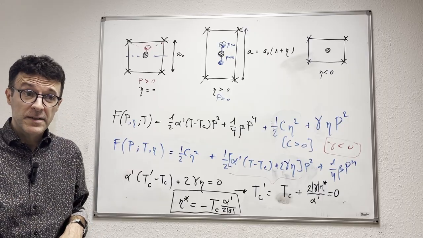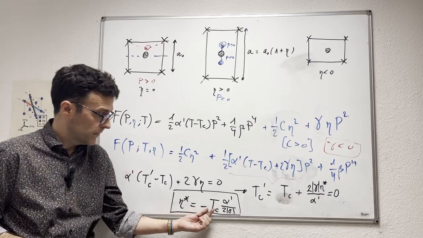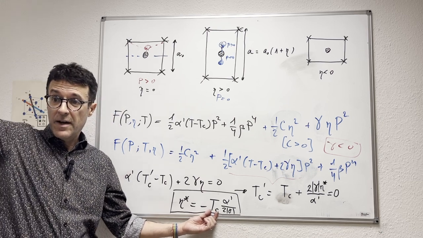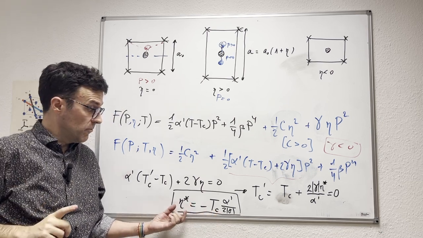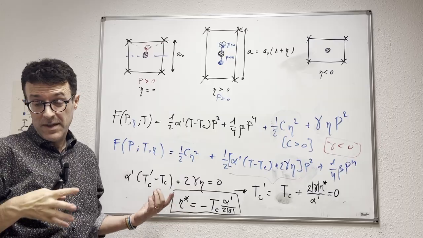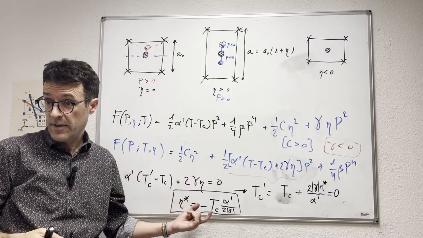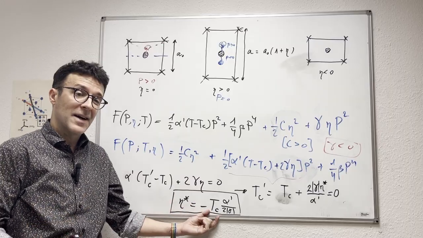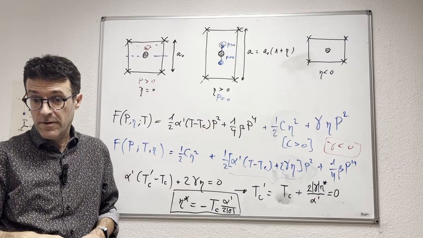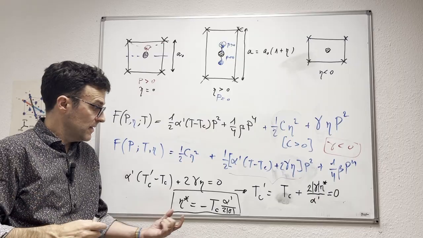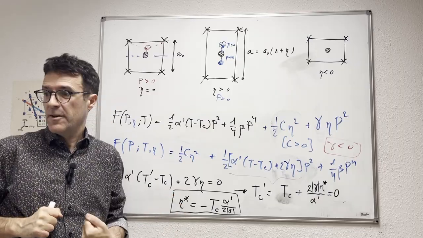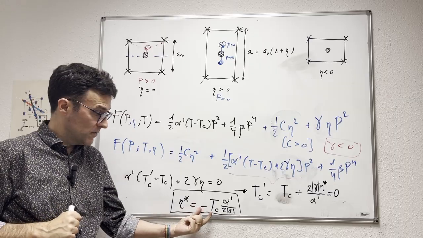Does this expression make sense? It does, because look, if Tc is very high, if Tc is very large, I will need to get a very large, in magnitude, negative strain. So the higher Tc, so the stronger our ferroelectricity to begin with, the bigger the strain or the compression I need to apply. Okay, so that makes good sense.